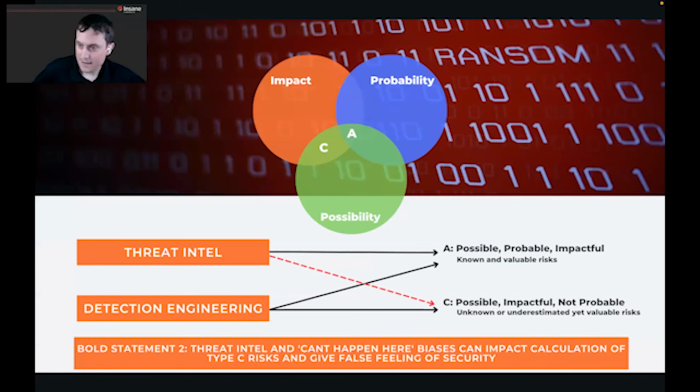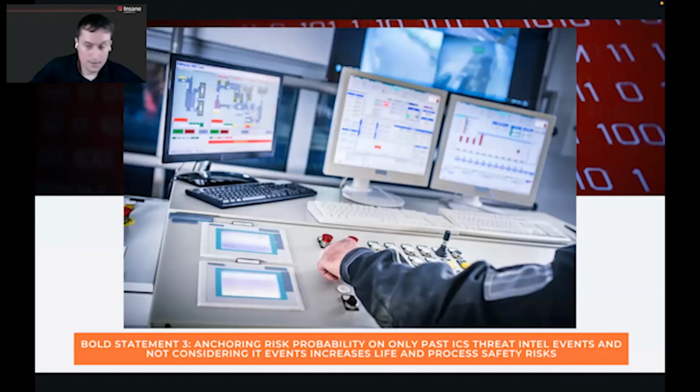All right, next slide. So bold statement number 3: anchoring risk probability only on one of the models, and not considering the other model. In this case, if you were using the OT attack or ICS attack matrix only, it's potentially going to make your environment more risky, because you're missing out on a lot of possibility, and we're about to explore that a little deeper.